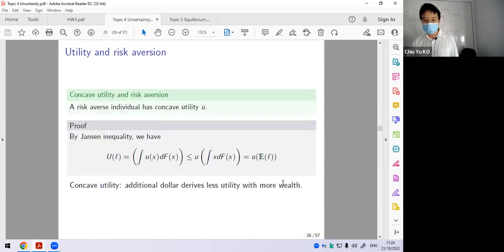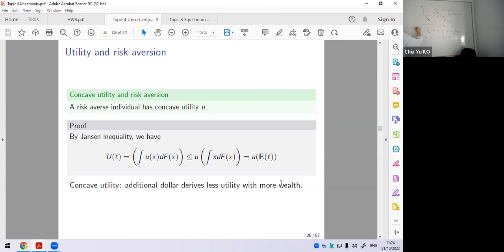I think it's easy to see why, if you are risk averse, you have a concave utility. Maybe just draw it. I'm not going to prove it because it's just Jensen's inequality. But why is it concave?